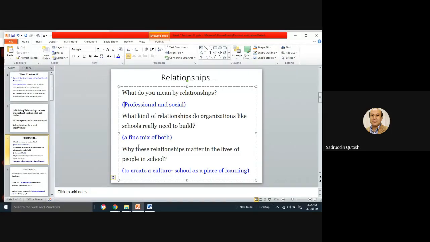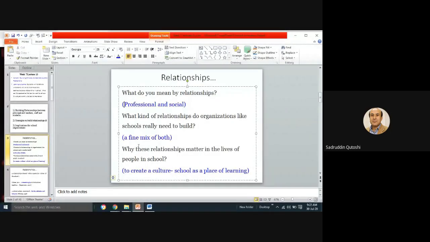As a professional person, you need to develop some sort of criteria to look at the performance of the teachers and of the other staff members. That sort of relationship is important in organizations like school, like other organizations. That's why you need to maintain a fine mix of both social and professional relationships.